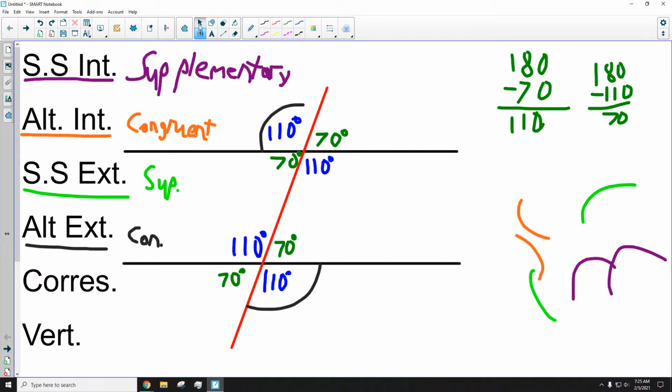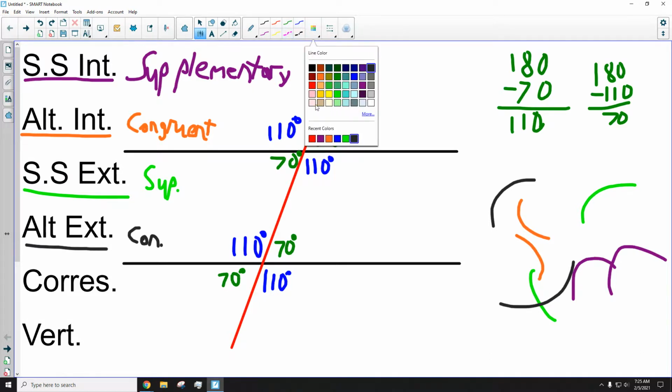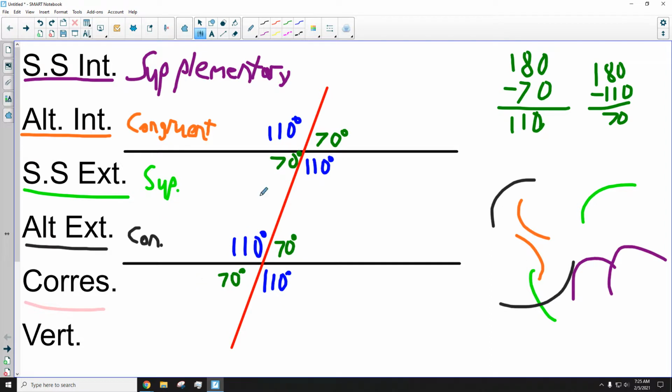All right. Move these out of the way again. Now our corresponding angles. Use pink. Corresponding would be like right here and right here. Or these two, or these two, or those two. So I'm going to pick these two. So corresponding angles, we have 110 degrees there, so they're both the same, so congruent.